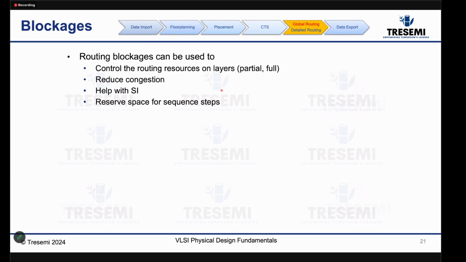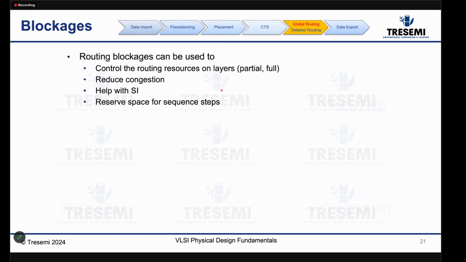So those are the things that you can do. You reserve the space for a future cell, or early on, when you don't have everything, some macro is there but the abstract is kind of missing, but certain layers are going to be used, right? So you can go in and put blockages there to preserve the space for later on.